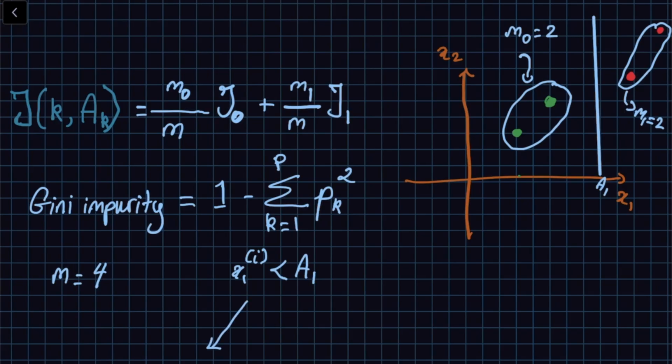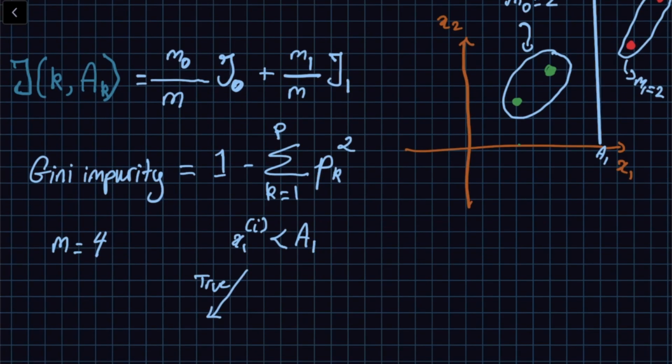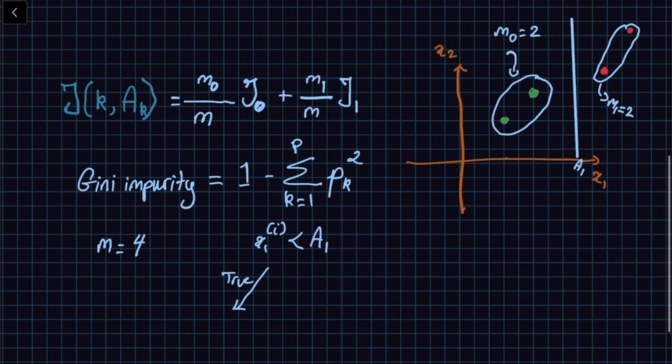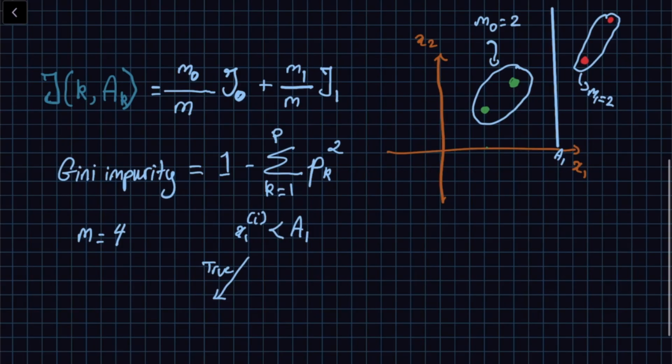If that's the case, if this is true, then what is my classification now? I ask myself the question, where am I? Where do I stand in this simple classification problem? Am I done? Well, if it's less than A1, then what do I have in my hand? All I have is that two guys are classified as class 0, whereas no one is classified as class 1.